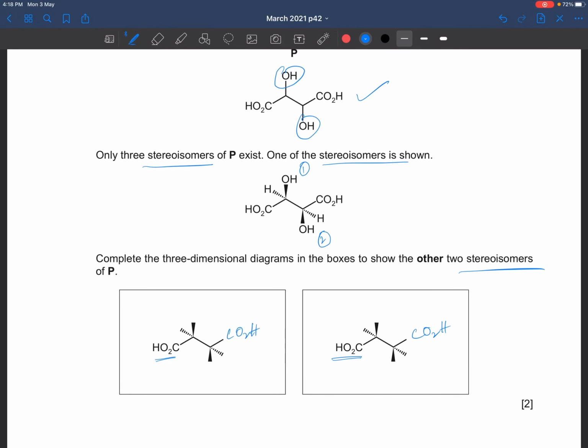Just simply reverse the OH and H on the first carbon, so this becomes H, OH, and the other remains the same, OH, H. The other thing we can do is reverse the second one, so we get OH, H, and the first remains the same. Or we can reverse both. So these are the 2 isomers.